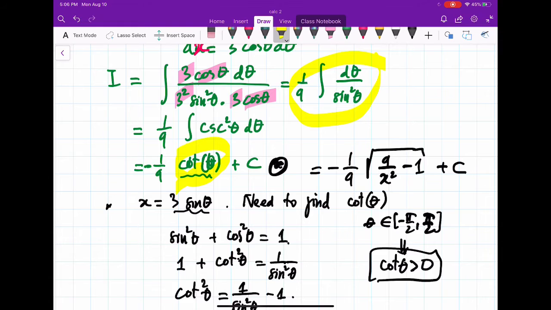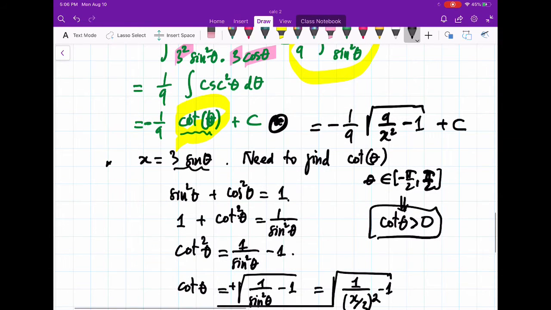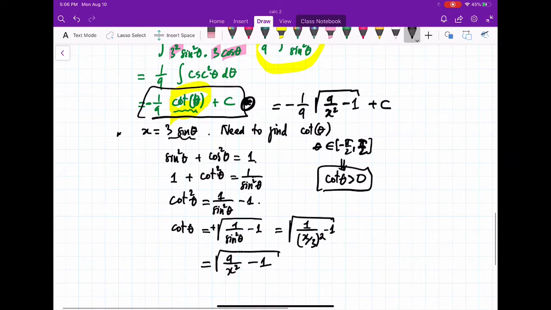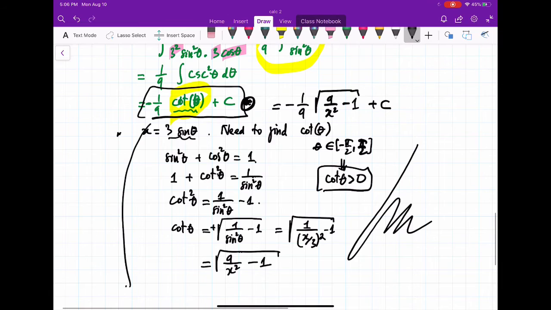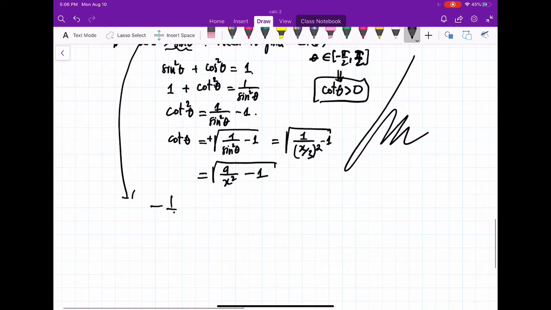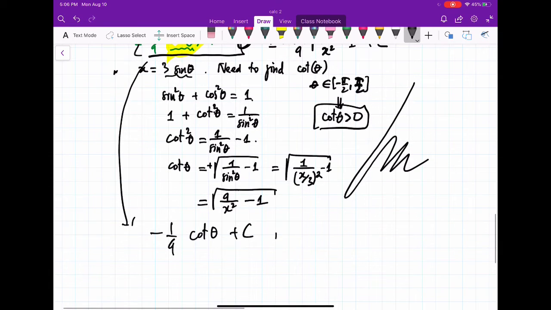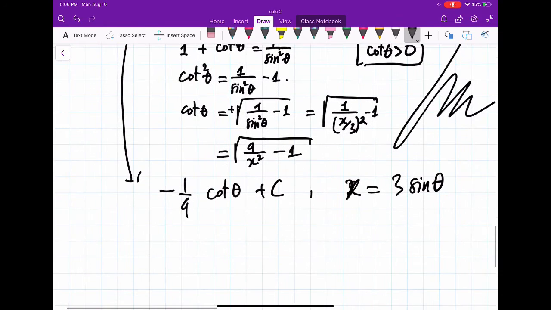Here's a funny thing. I may write the answer in the following way. Let me copy this, without all this difficult stuff. So I may write: negative 1/9 cotangent of theta plus c. And again, I have x equal to 3 sine theta, right? I can solve for theta right away.